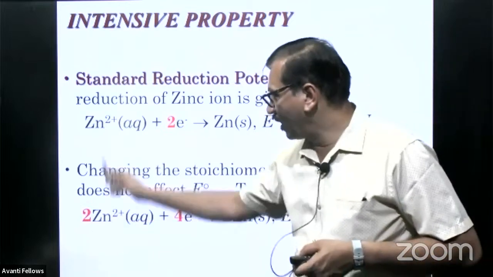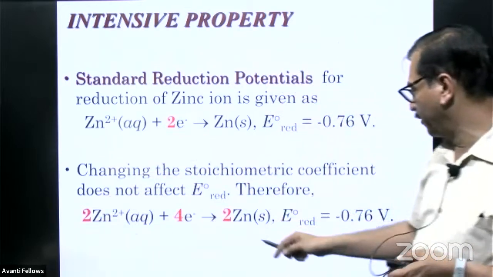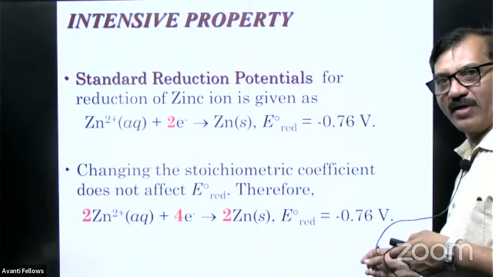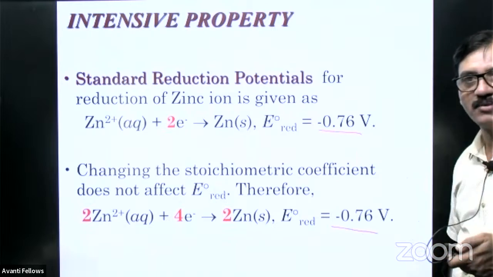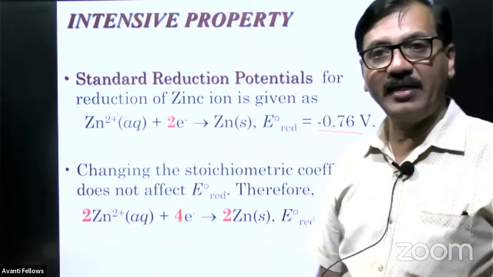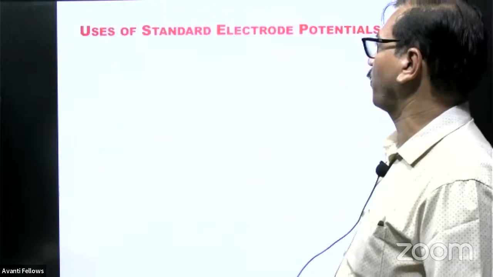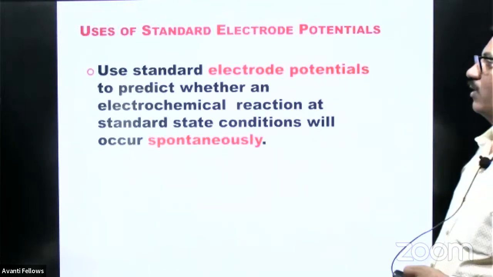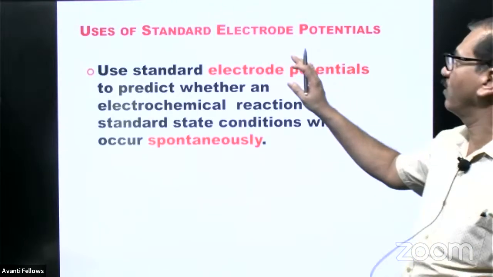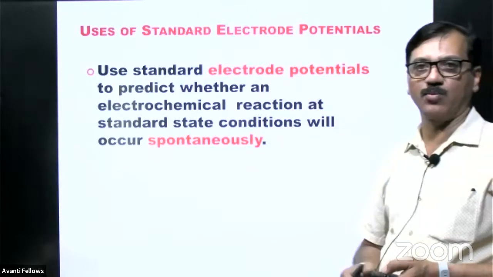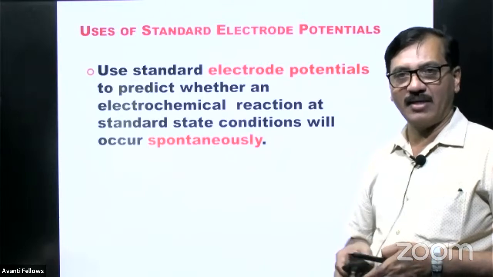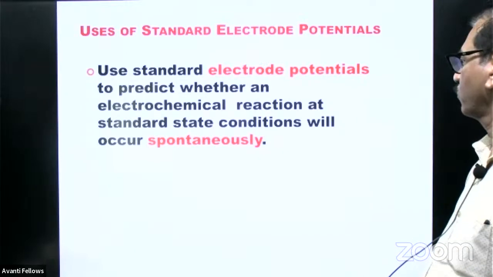If this quantity is doubled, the E0 of the reduction potential value won't increase, it remains the same. Therefore, E0 is an intensive property. So this is the use of electrode potential: we can find out which metal is stronger and which is less strong.